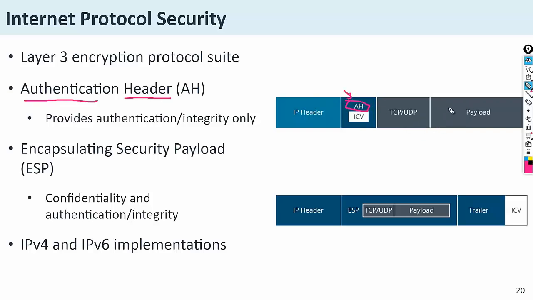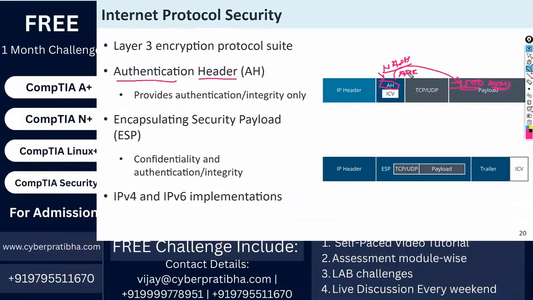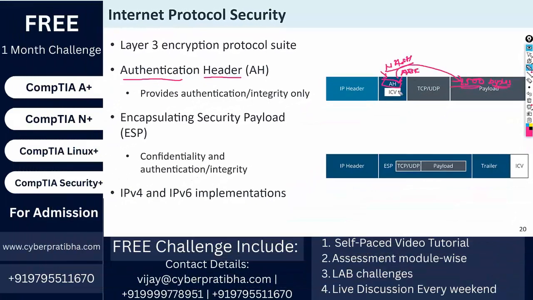For example, there is a payload of 1500 bytes. It will use a hashing algorithm and generate a hash value, ABC, whatever the value, store it here, and send the data.